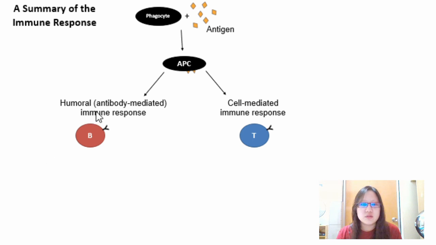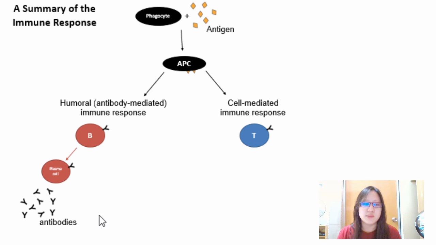Now the humoral or antibody-mediated immune response is largely concerning B cells, okay? And B cells here get activated and develop into plasma cells, which produces antibodies, and memory B cell, which is in charge of long-term immunity.